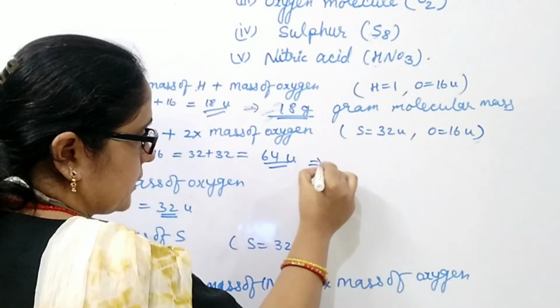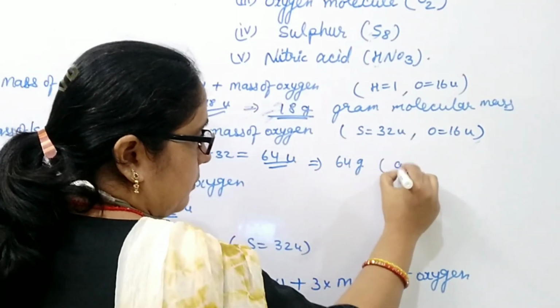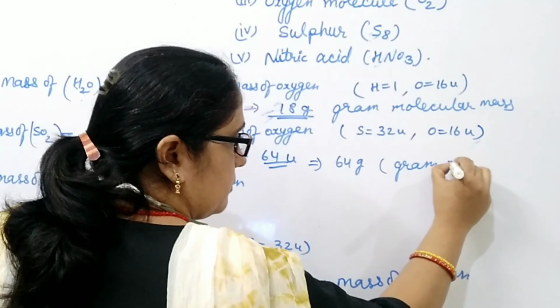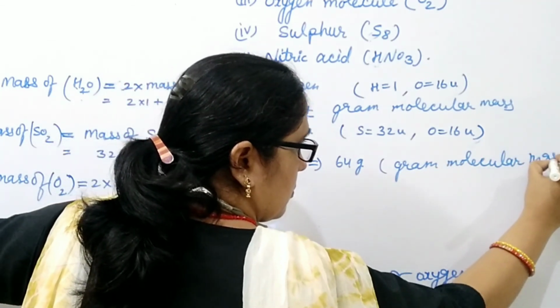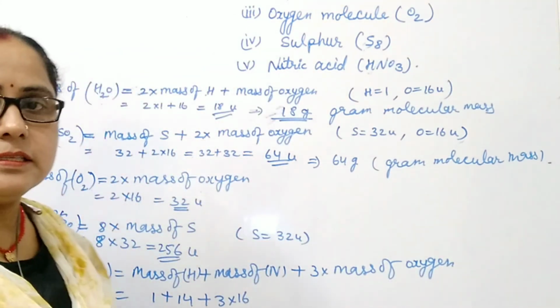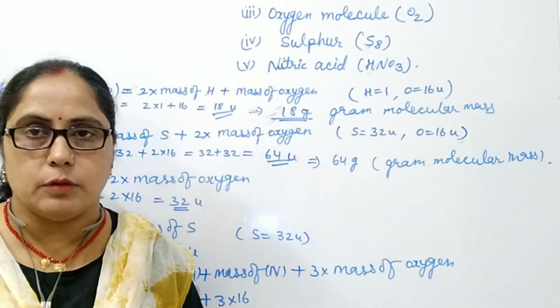Similarly, we can also express this in grams as 64 grams, and that is its gram molecular mass. So when we express the molecular mass in grams, that is its gram molecular mass.